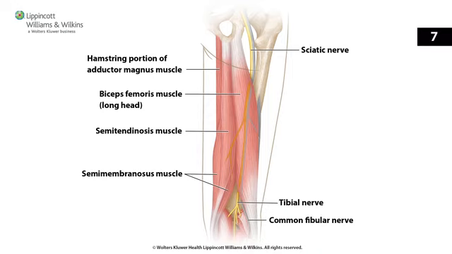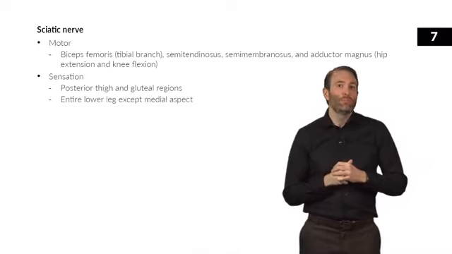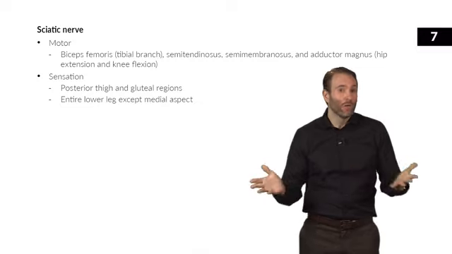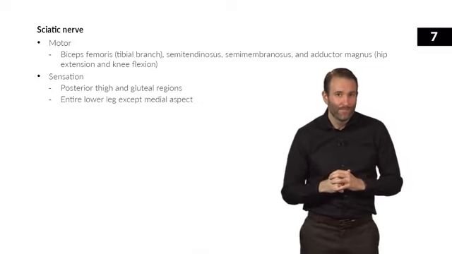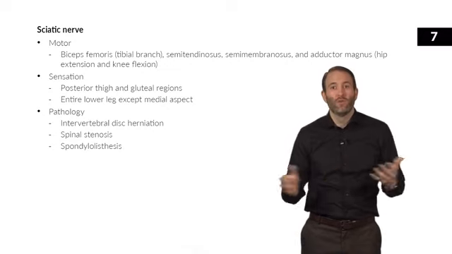Also note that the adductor magnus muscle is innervated by both the obturator nerve and that tibial nerve, also known as the tibial branch of the sciatic nerve. So the sciatic is going to supply sensation to the posterior aspect of the thigh and the gluteal regions as well as the entire lower leg except for the medial side. Now, injury or compression of the sciatic nerve is actually very, very common.